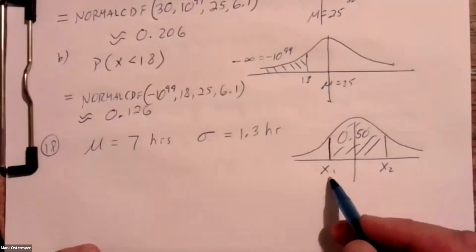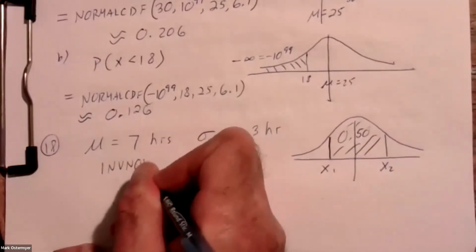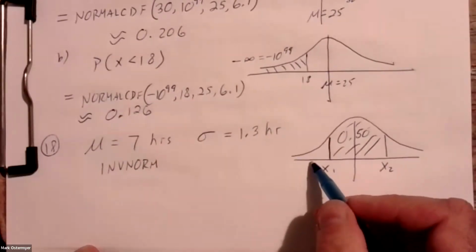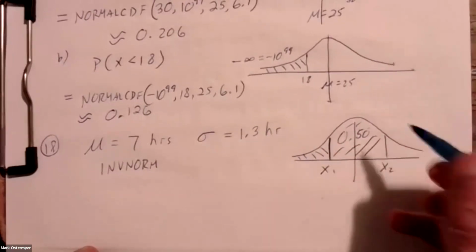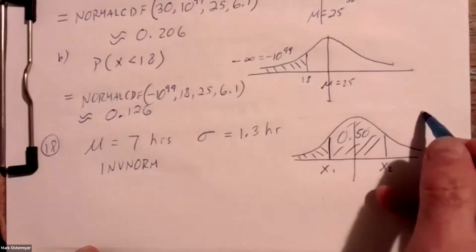Now to find these values, we're going to have to use our inverse norm function. And remember, the inverse norm function always needs to have areas to the left of a value we need to find on the horizontal axis. So I need to have this area down here. The middle area is 50%, and the area underneath the whole curve is 100%.